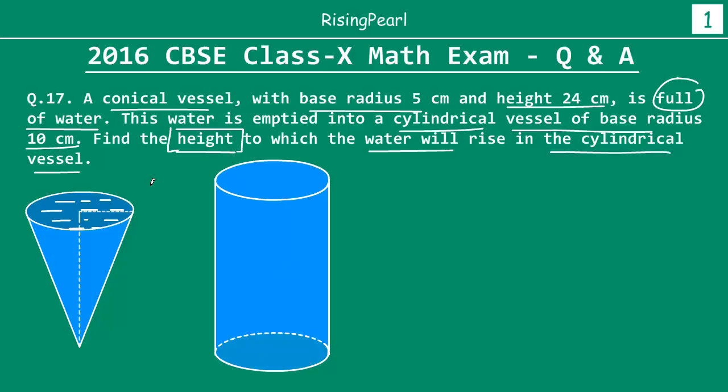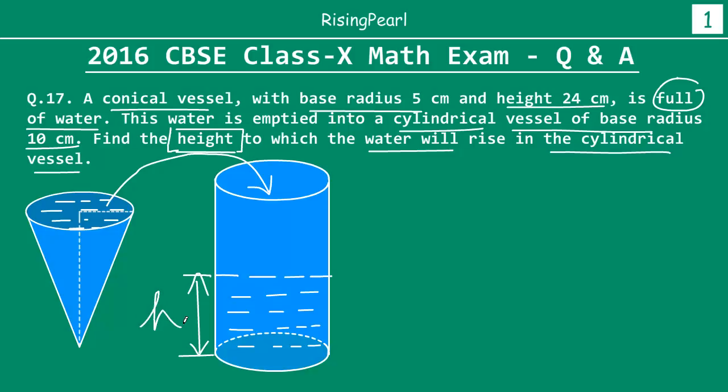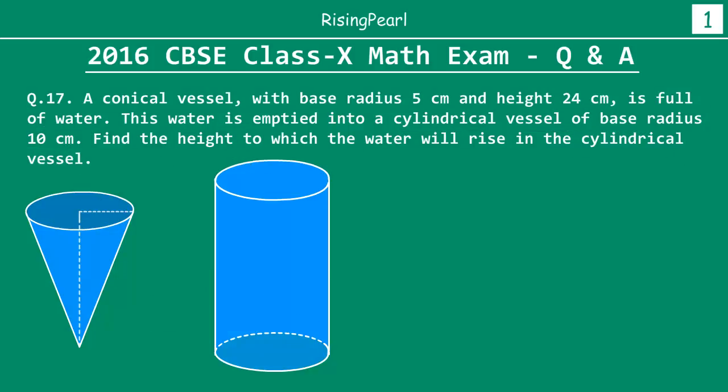So we are going to pour this entire thing inside the cylinder, and then the water will rise to a certain level inside the cylinder, right? The question is asking what is the height to which the water will rise inside the cylinder. So that is the question. Let's see what is given to us, and we go from there.